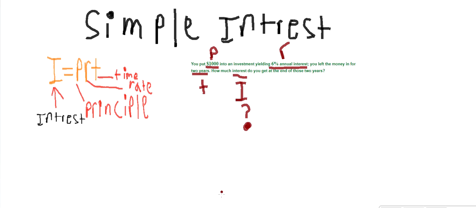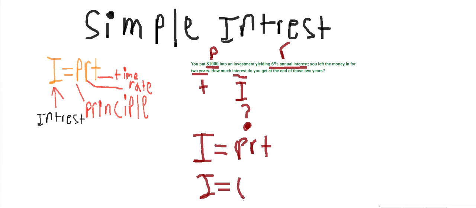With that in mind, let's use our formula. I for simple interest equals P times R times T. We don't know what interest is, so we'll leave that as I, which is equal to your principal, which we figured out is 1,000, your rate, which is 6%.